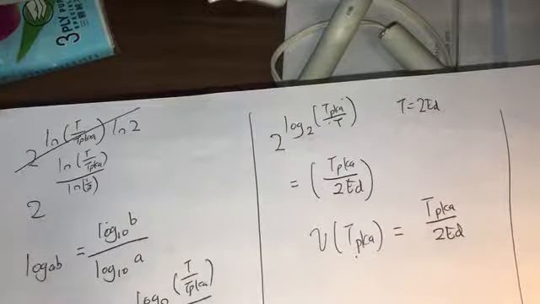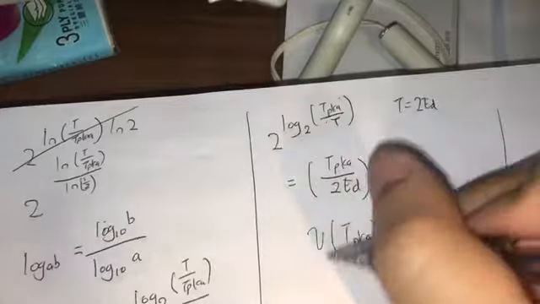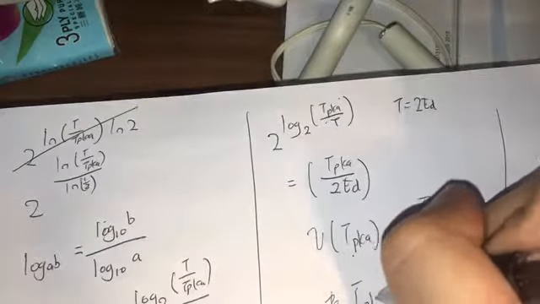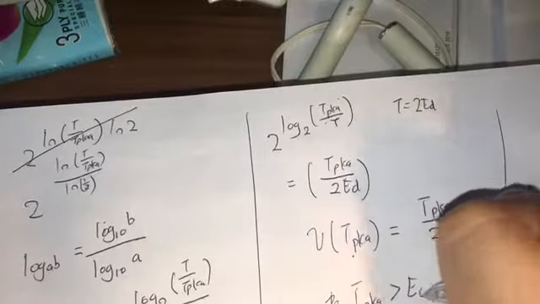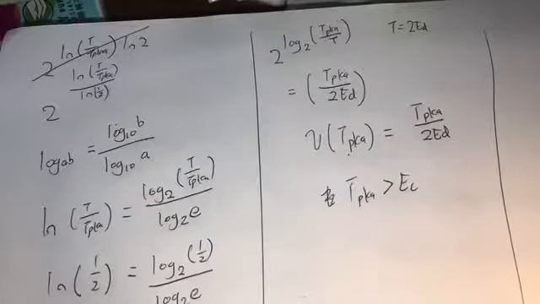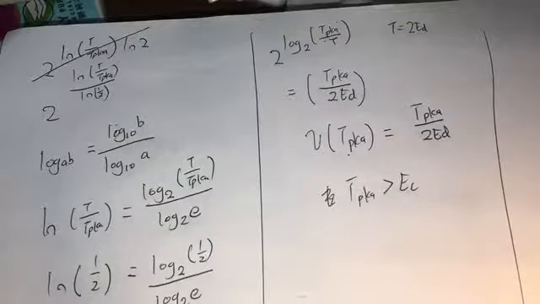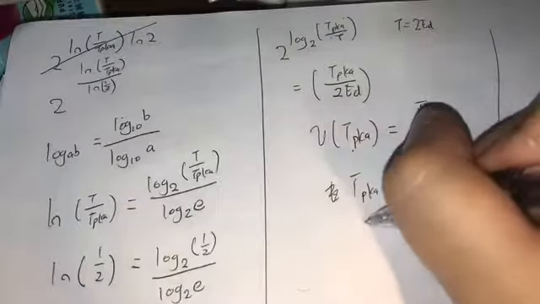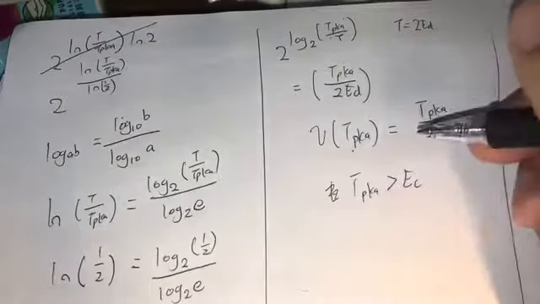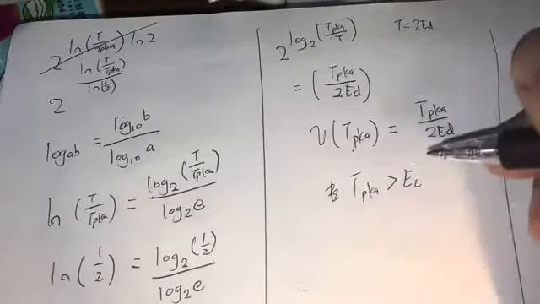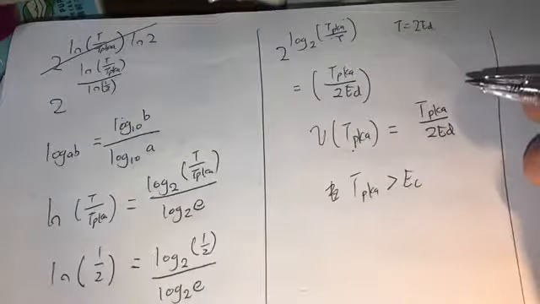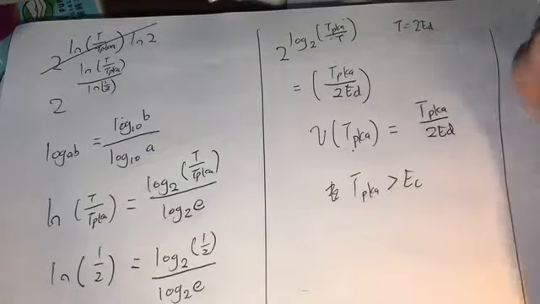Now, if you were to consider T pKa more than EC, as is the case of electronic stopping, what will happen? We will consider that at energy of the pKa more than this electronic stopping threshold, there's no more electronic stopping that occurs. That was our assumption.